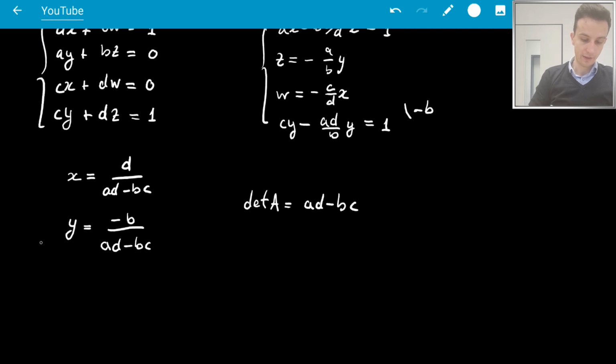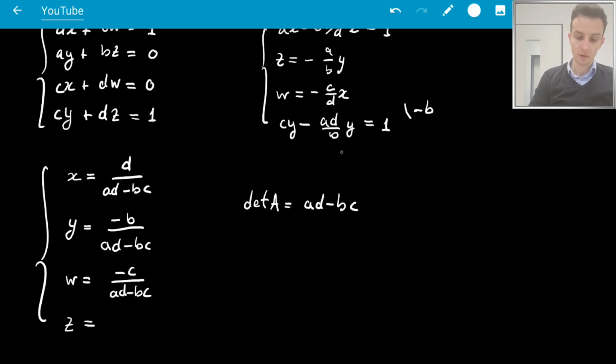Now we can express z and w. So w is just minus c over d, x. So the d cancels. We get minus c over ad minus bc, and z is minus a over b, y, so a over ad minus bc.